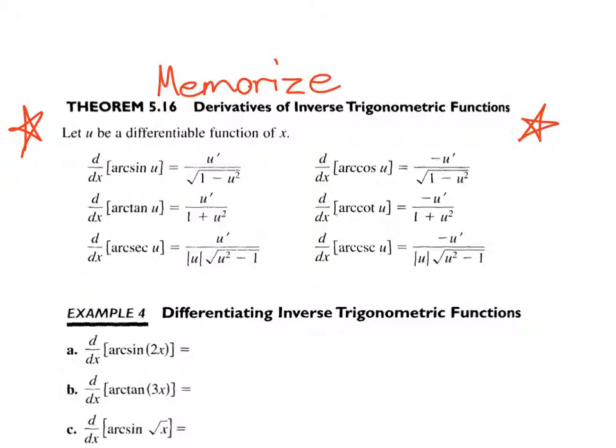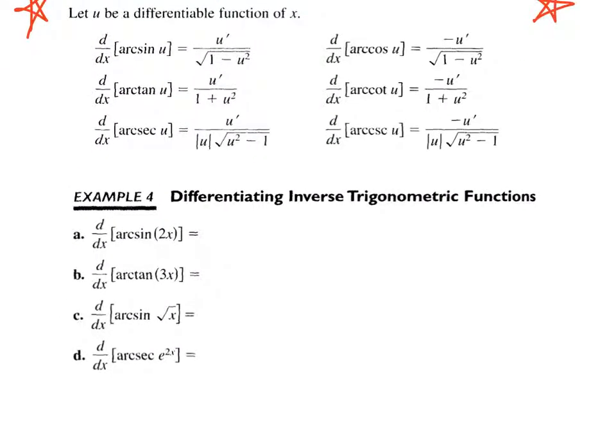Okay? Now, let's try to work through some of these. So we have the arc sine of 2x. So 2x is the u. Alright? 2x is our u. And that means we're using this up here. U prime, so that's 2, over the square root of 1 minus the 2x squared.